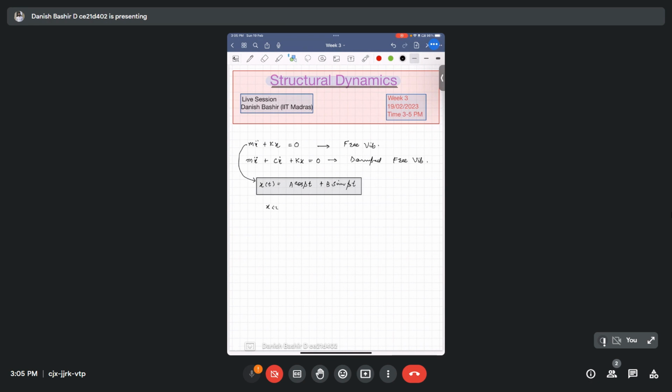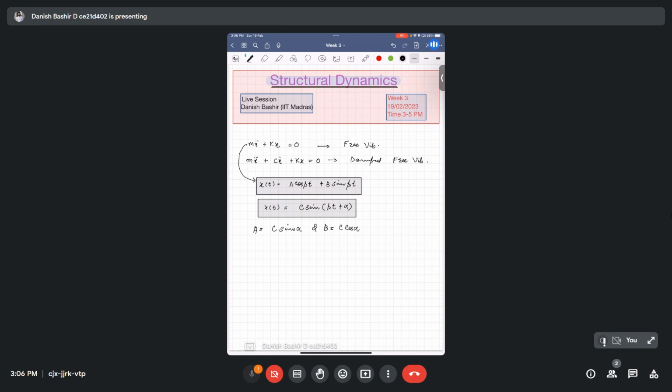We had x of t as c sin(pt plus alpha), where we made the substitution: a is equal to c sin alpha and b is equal to c cos alpha.